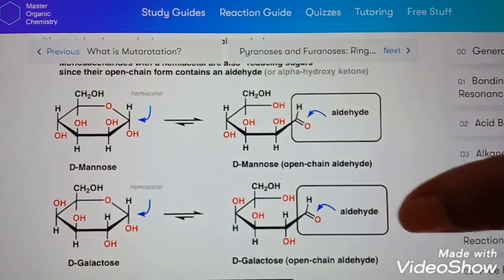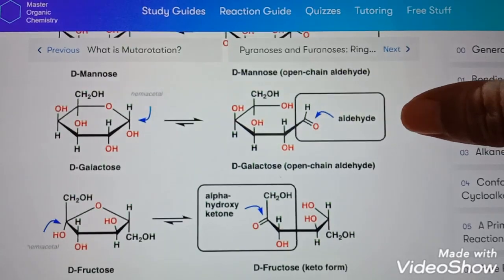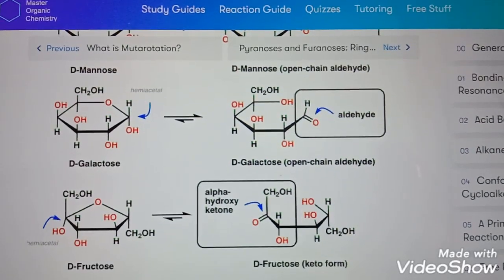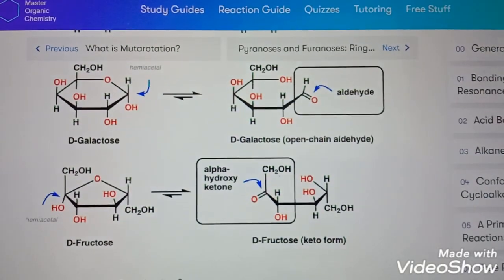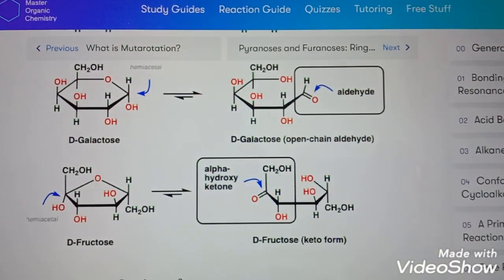Also, if you drink milk, it contains equal amounts of glucose and galactose. Galactose also has the first carbon as an aldehyde carbon, an aldose sugar.